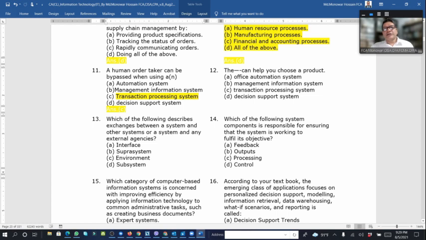Look here, what would be the answer? What can help us choose a product? When we go for choosing a product, what can help us? Decision support system. Decision support system, right?